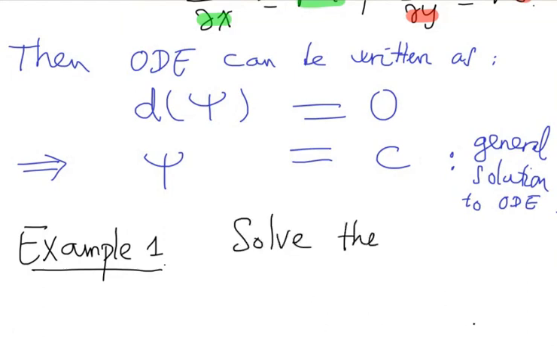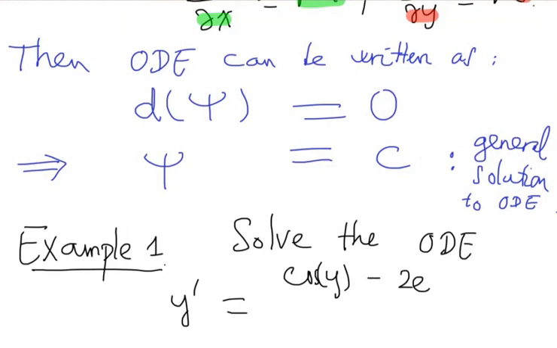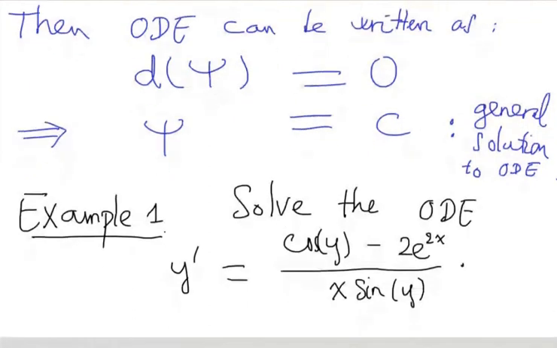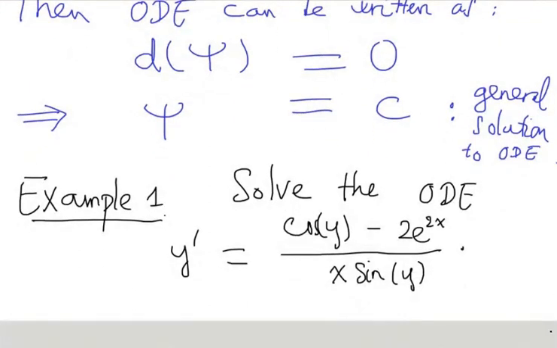Solve the ODE: y prime equals cosine y minus 2e to the 2x, divided by x sine of y. There is no initial condition here, so we solve for the general solution.